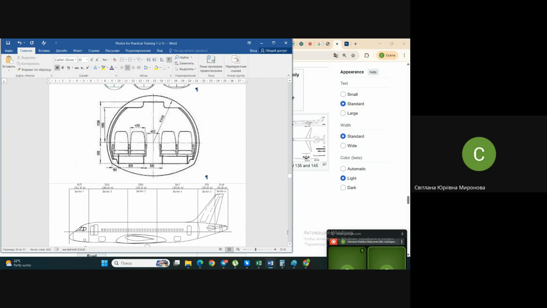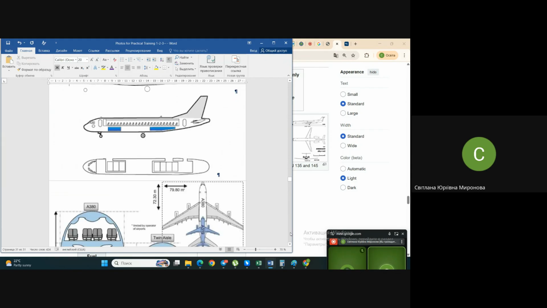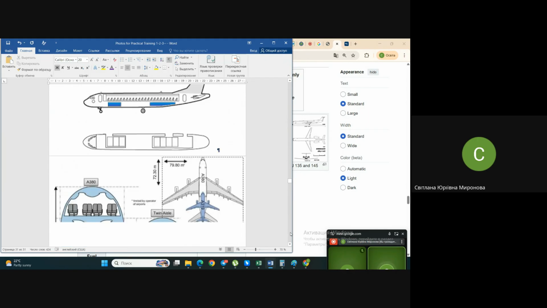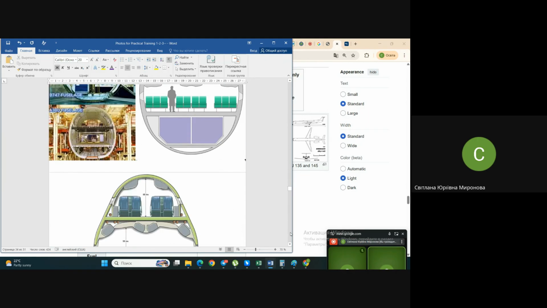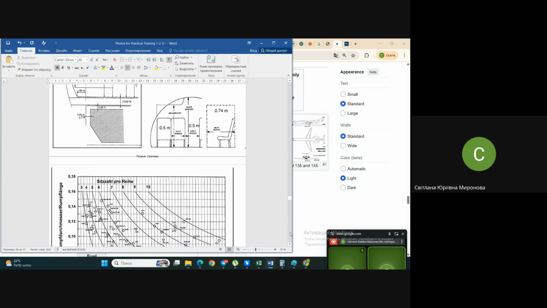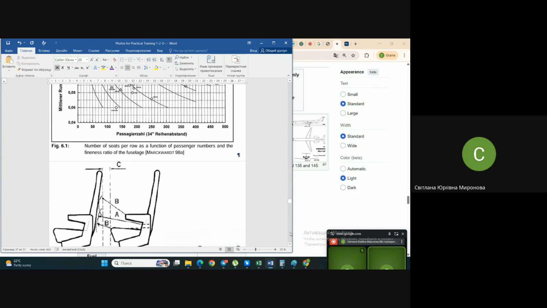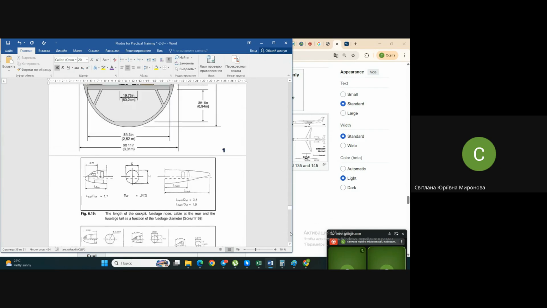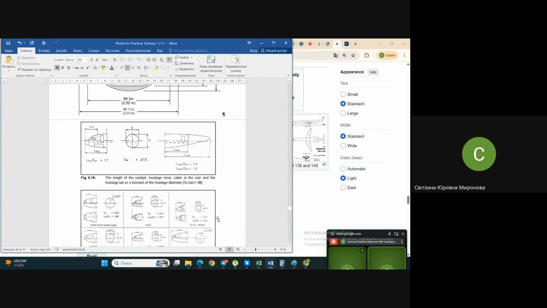When you are calculating the length of the fuselage, please refer to some pictures that I placed here, and I have shown you where I took them from, and those books I also will send you to help you make decisions.